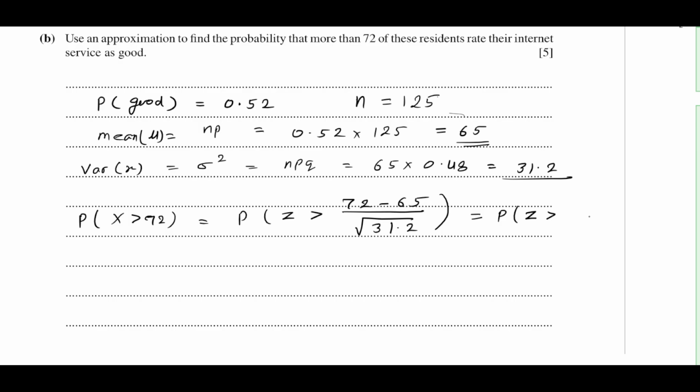So we get the probability of Z greater than 1.253. Okay, so here I will draw this curve.